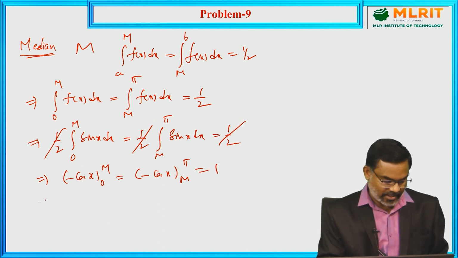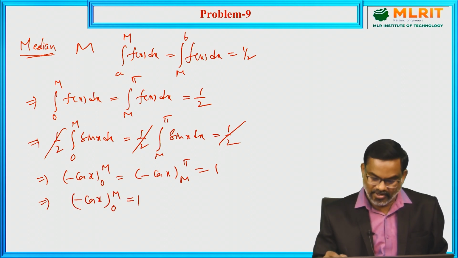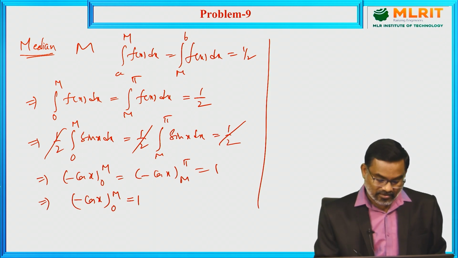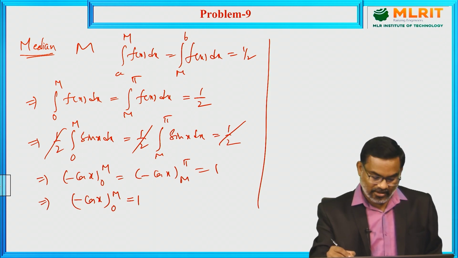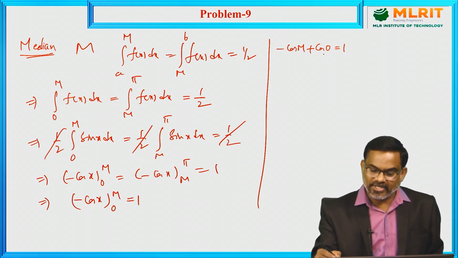So, 1 we will get. That implies, let us consider any one of these. Cos x from 0 to m is equal to 1. So, the upper limit and lower limit after applying, minus cos m plus cos 0 is equal to 1. For the lower limit we will get a negative sign, so the second term will be positive, and cos 0 is 1.